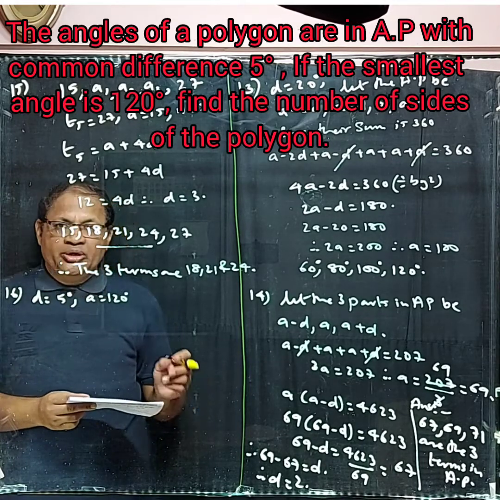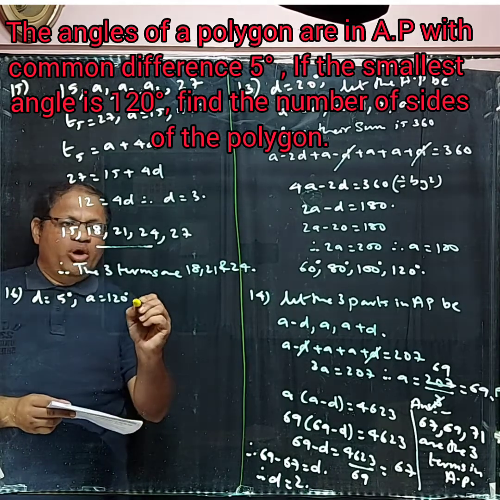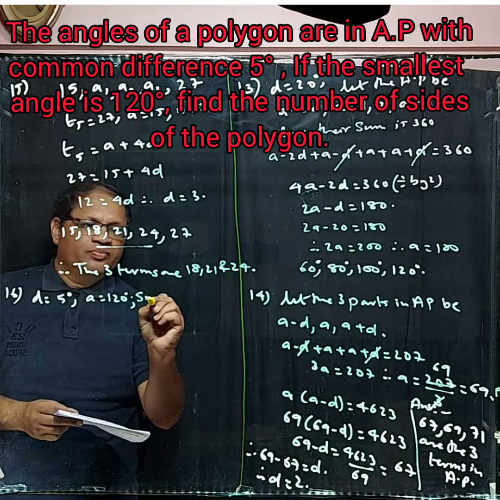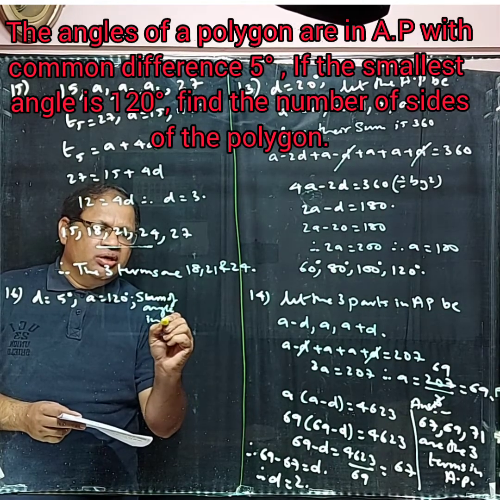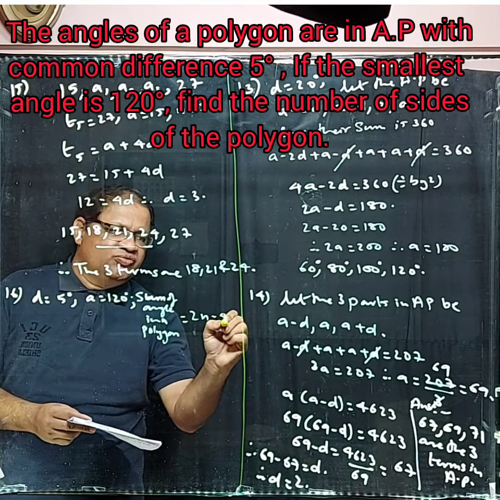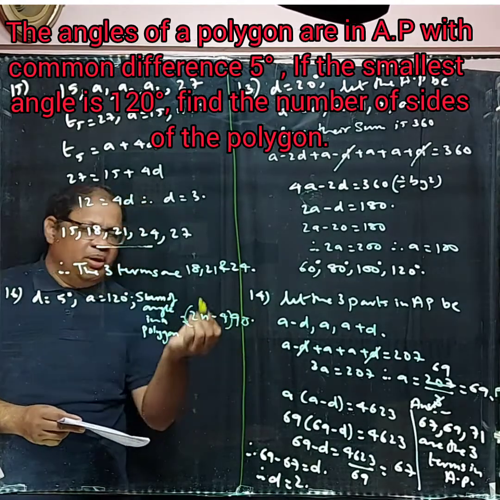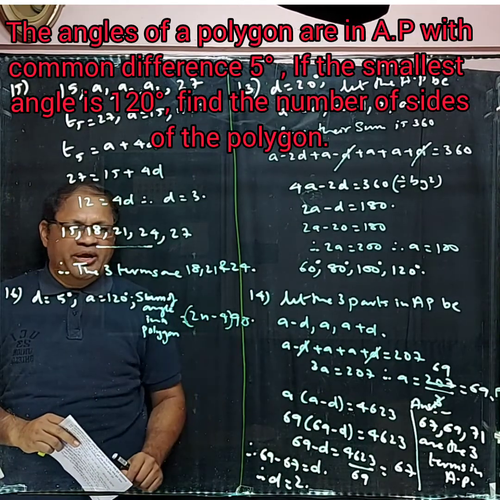Now you know sum of angles of a polygon, you know how much it is? What is the formula? Sum of angles in a polygon, 2n minus 4 into 90. Remember that. Sum of angles of a polygon is 2n minus 4 into 90.